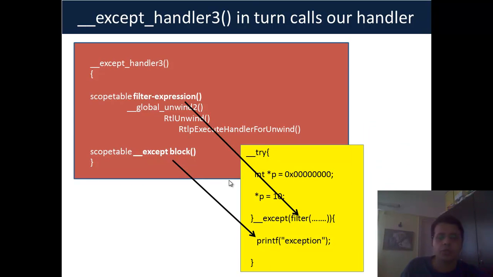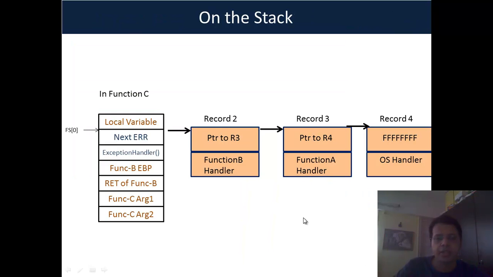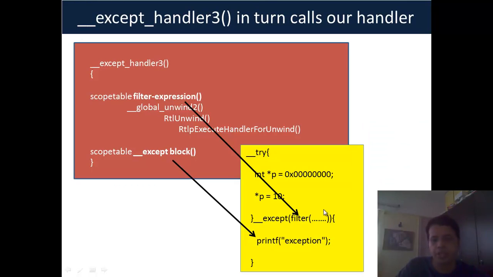So basically this filter function is what the exception handler is. So this exception handler 4-byte pointer points to the filter expression code which we are mentioning within the except statement. This is very important. Please note that.